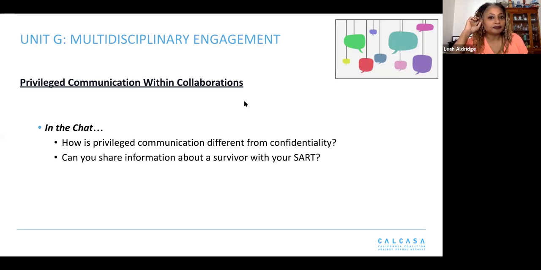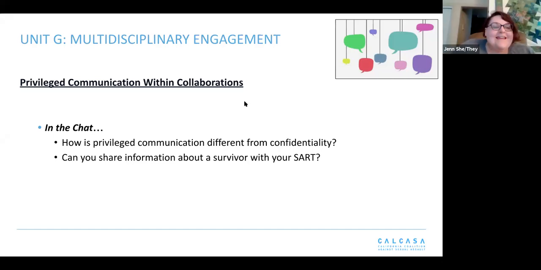Okay, good. And can you share information about a survivor with your SART? Jen, you're still having trouble explaining it in a bite-sized way? Yeah, just the wording for it. Most things I have a one or two liner I can give. Confidentiality is easy for me to explain: anything said here stays here, and your information is protected as long as there's not a third party in the room.